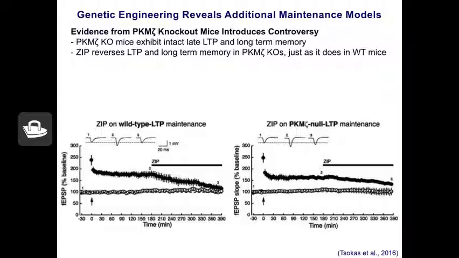The other hypothesis was that protein kinase M-zeta is actually necessary for LTP in long-term memory in the wild-type mice, and another molecule, which is also inhibited by ZIP, compensates for the lack of protein kinase M-zeta during LTP in memory in the knockout mice. So they set out to test which of these hypotheses was correct.